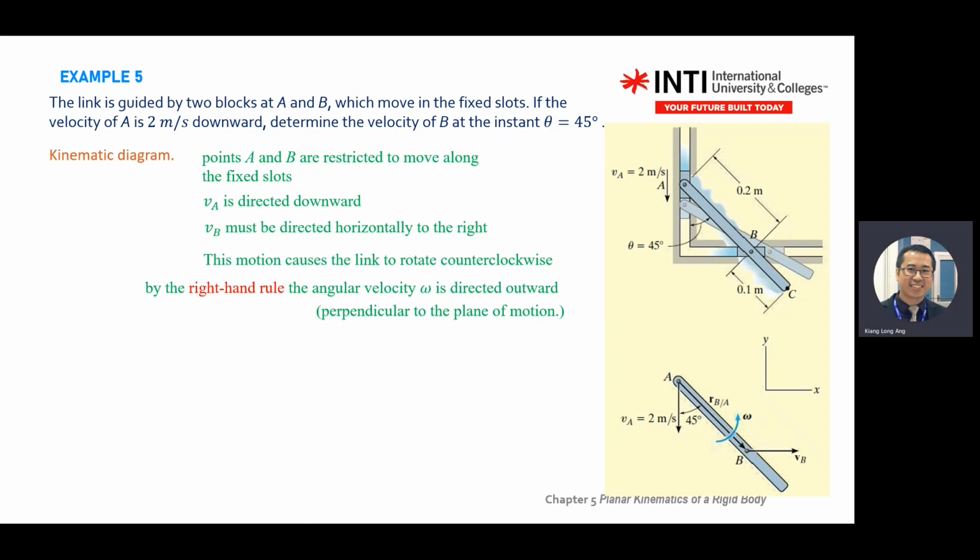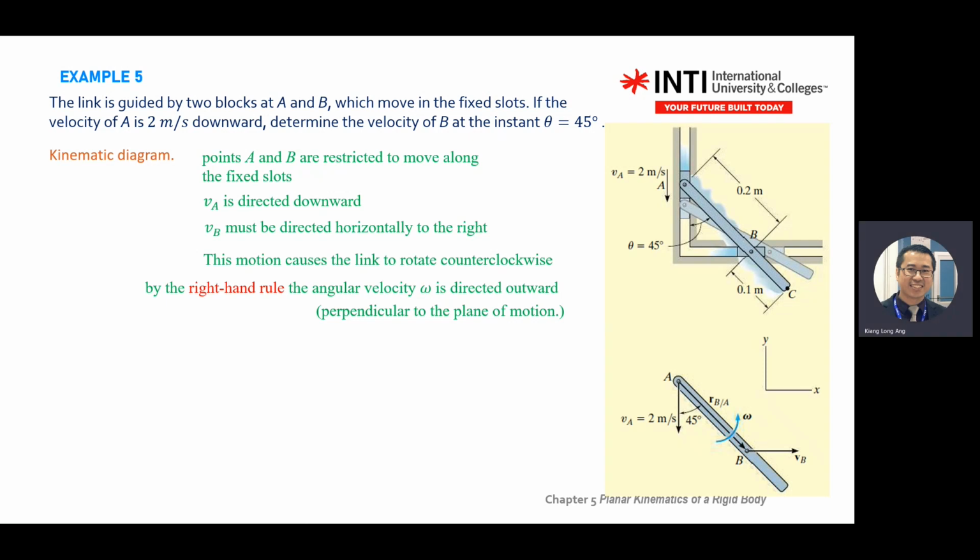So we expect you to turn the scenario into a kinematic diagram. Here, your VA moves down, so you draw A moving down. VB moves to the right, so you draw it moving to the right. And you anticipate, you project or predict, that the rotation is anti-clockwise for this body.